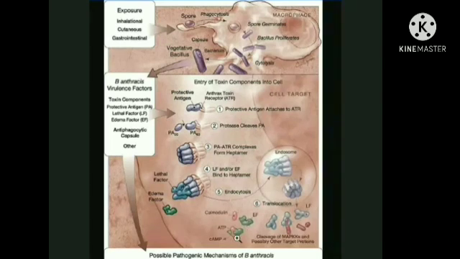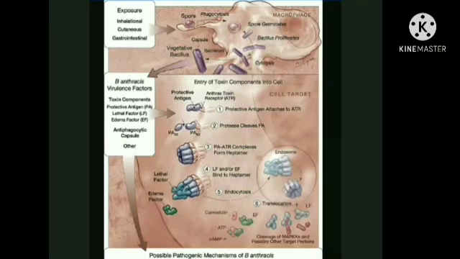First of all, we will talk about the edema factor. Edema factor is basically a cyclase, the adenyl cyclase enzyme. So what it does is it converts ATP into cyclic AMP. It breaks down the ATP molecule, and an increase in the amount of cyclic AMP will occur.